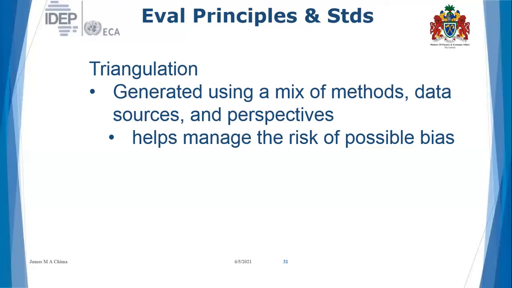We want to minimize the risk of possible biasness. So by broadening the methods, these data sources from where we collect this information and the perspectives, we are making that evidence not to be skewed, but one that is well balanced from the different sources as well the methods that we have used.